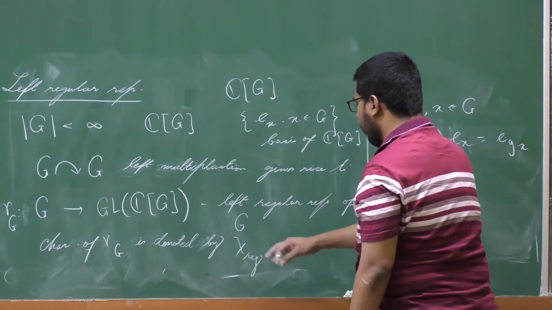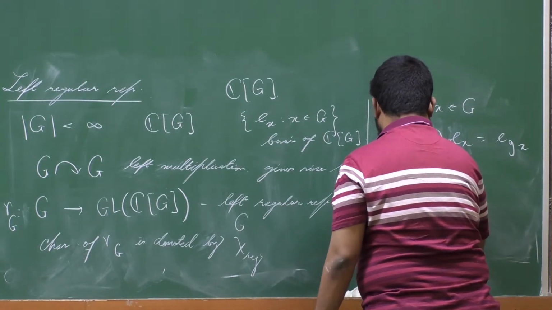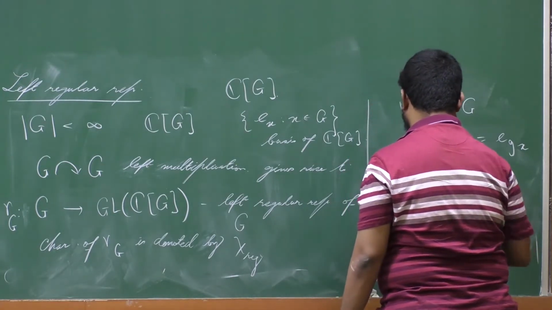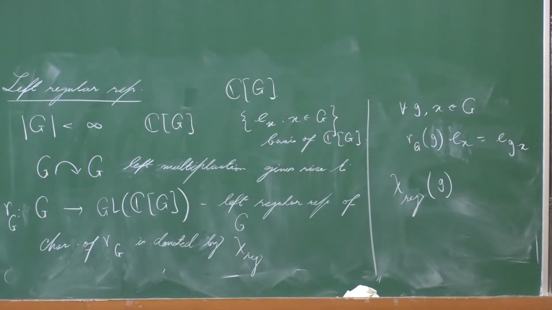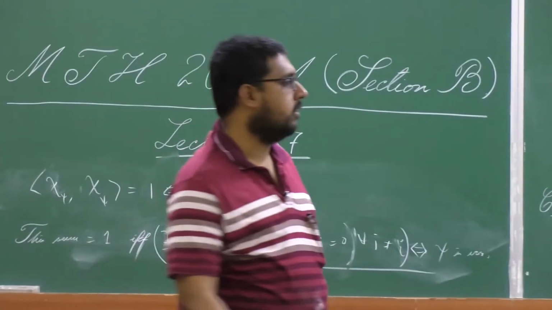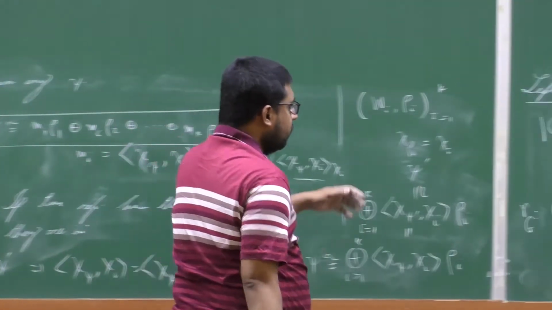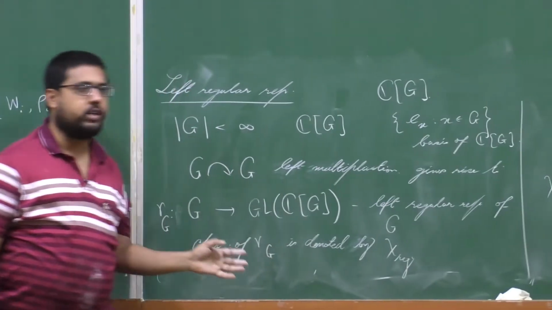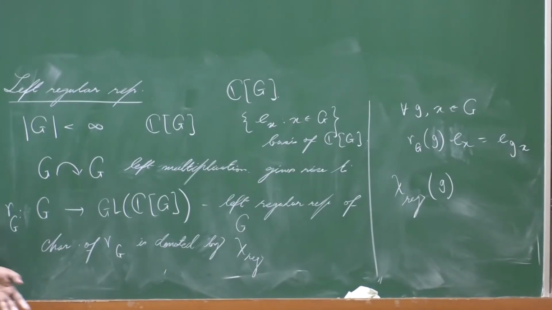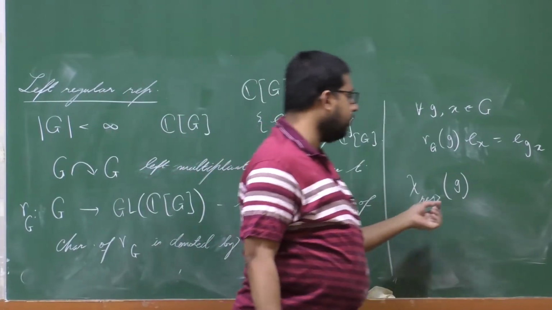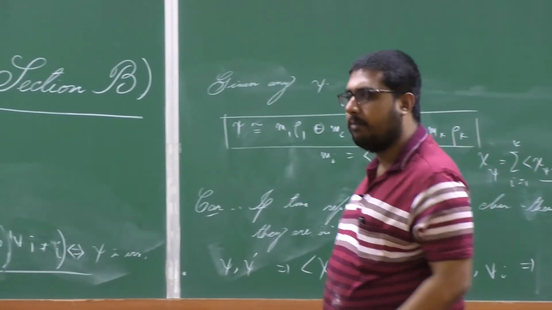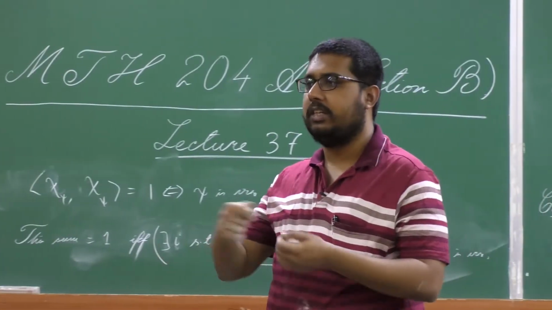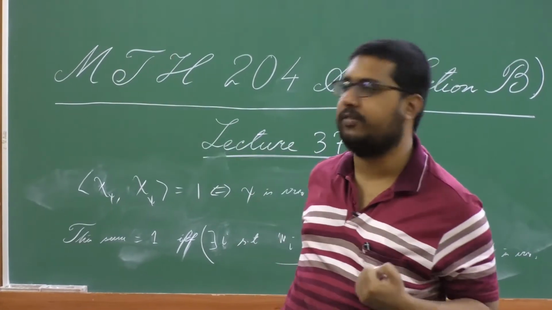Now, let us come to the computation of this character. Let us try to calculate chi-reg of g for any typical g. This was given as an exercise: for any action of G on X, for the permutation representation that we obtain, if we look at the linear map corresponding to any g, then the trace of that linear map is the number of points fixed by g.